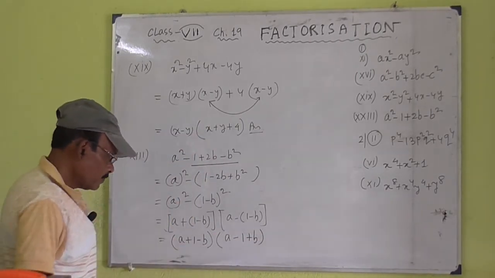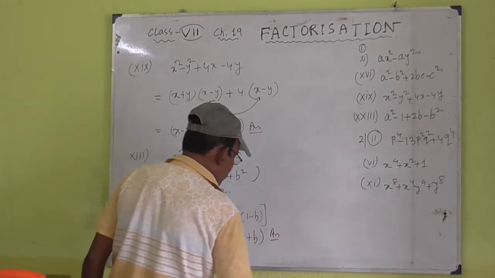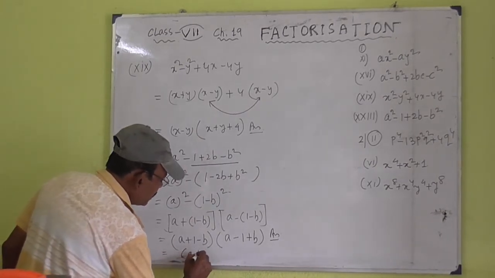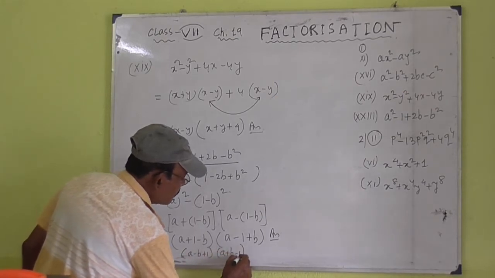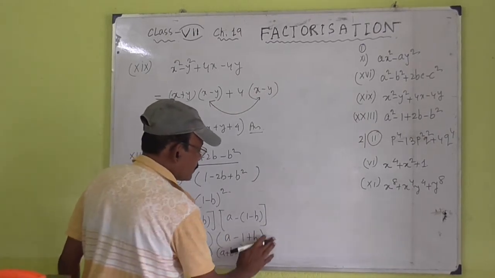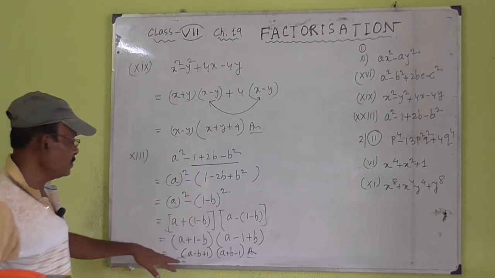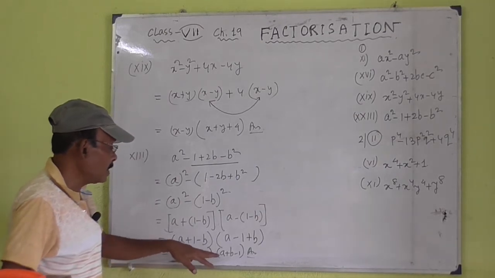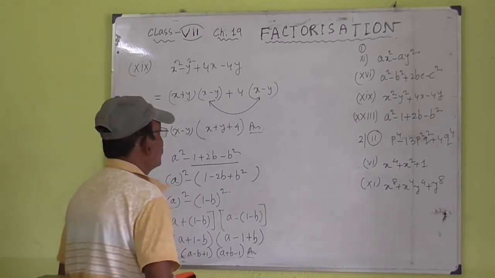So this is the final stage and this is the answer. You must write a minus b plus 1 or a plus b minus 1. This will be the answer. We arrange this in this way, a and b together and plus 1, and a plus b minus 1. Clear?